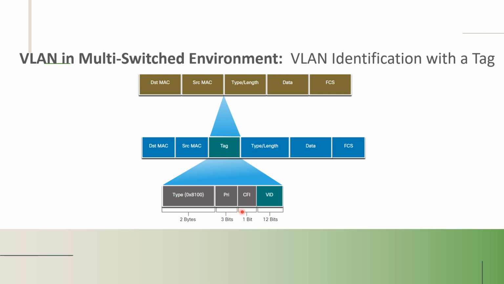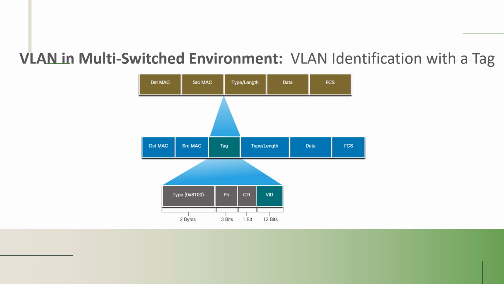Then we have the canonical format identifier, which is a 1-bit identifier that enables Token Ring frames to be carried across the Ethernet links. And then we have the VLAN ID, which is 12 bits long and is the VLAN identification number that supports up to 4096 VLAN IDs.